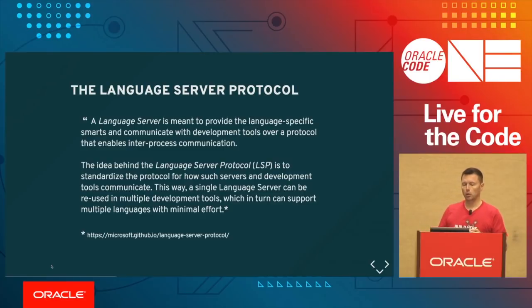So the idea behind the language server protocol is to standardize how such servers and development tools communicate. This way, a single language server can be reused in multiple development tools, which in turn can support multiple languages with minimal effort.